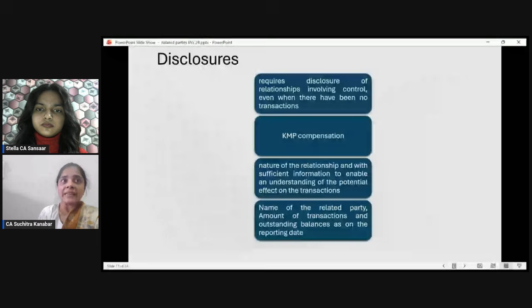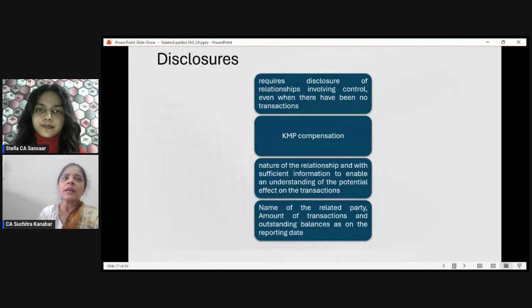Details of guarantees given are also required to be stated, along with the terms and conditions based on which the transactions have been entered into. Suppose you are letting out a property, whether it is secured or unsecured, that also has to be stated.